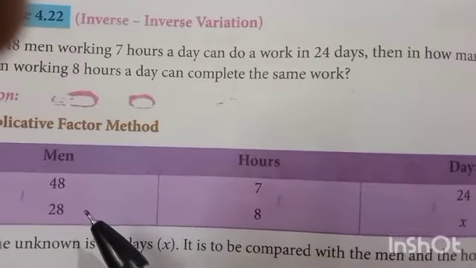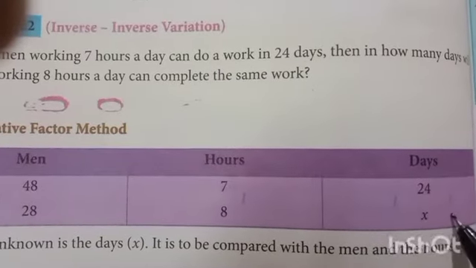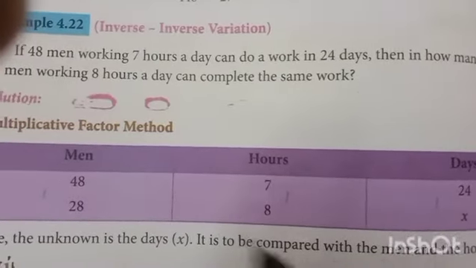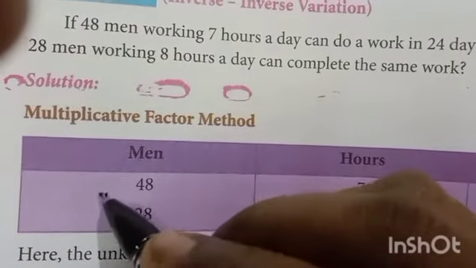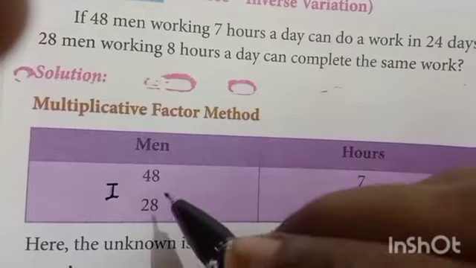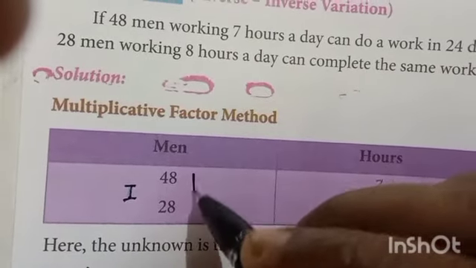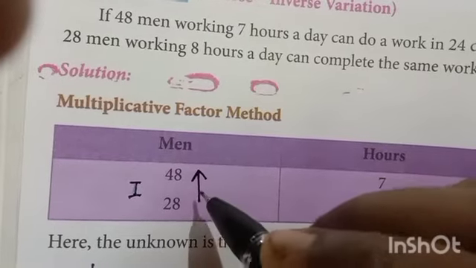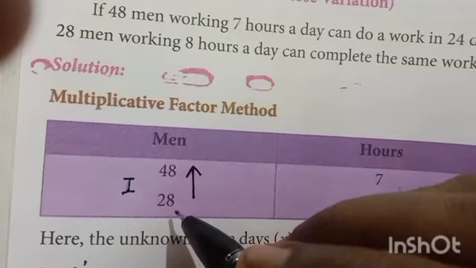What is that variation? Decrease, increase. So that is inverse variation. For inverse variation you denote I, and we use the upward arrow mark. The arrow mark denotes the multiplying factor. So how do you write it? 48 by 28.